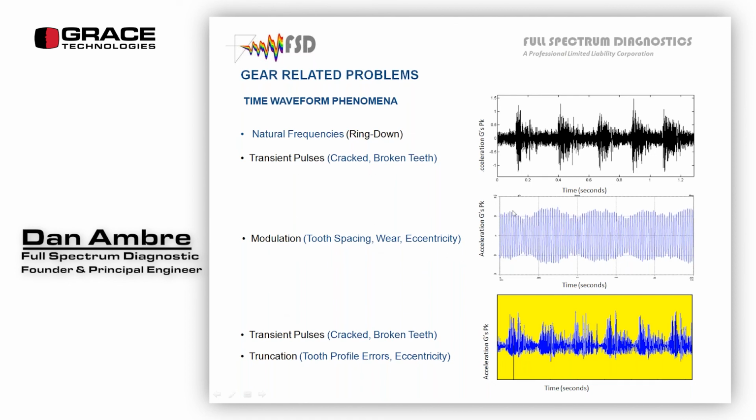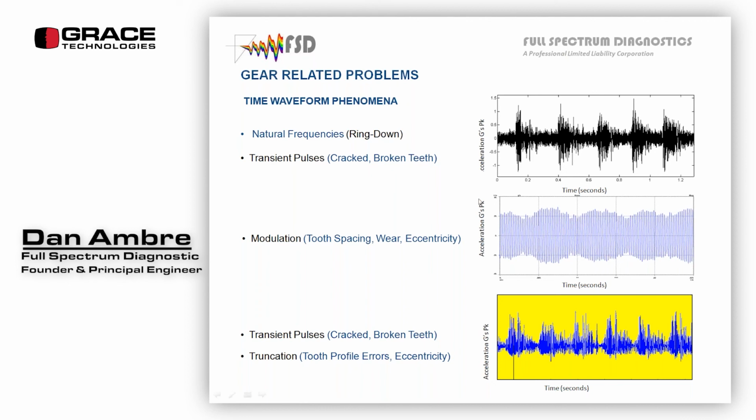Modulation in the time waveform, you have this sort of signature. So if I went from here to here, that would be one revolution of this gear. If I counted all the peaks from the middle of this lobe to the middle of the next lobe, I believe there's either 27 or 29. So I have a gear with 27 or 29 teeth on it.